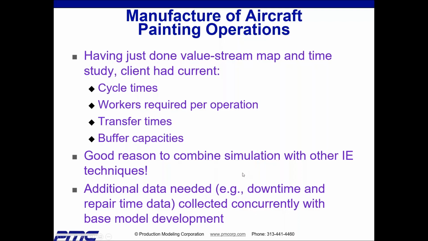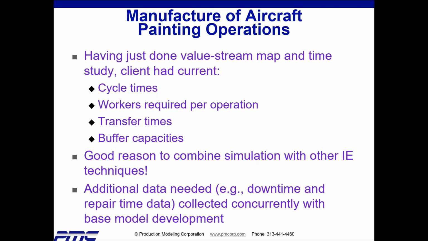We first built the model with no downtime in it at all and ran it. That helped validate it. And it gave the client a number of interests. What is your theoretical maximum throughput possible? And then how much does downtime lower it?